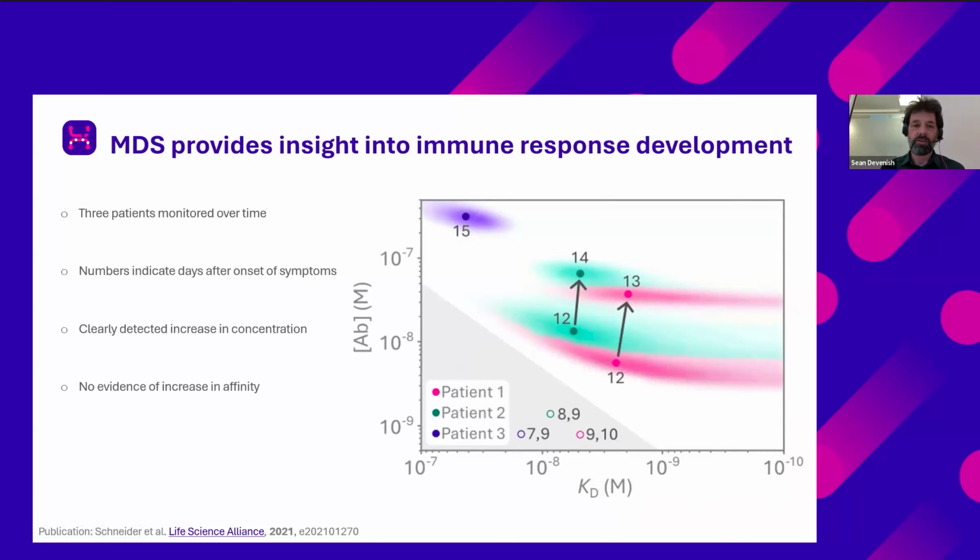After that, we see the responses pop up, but what we see over time is evidence of an increase in concentration, but no real increase in affinity. Obviously, what we'd hope for is an affinity maturation process to take place, and for these patients to develop high affinity antibodies.